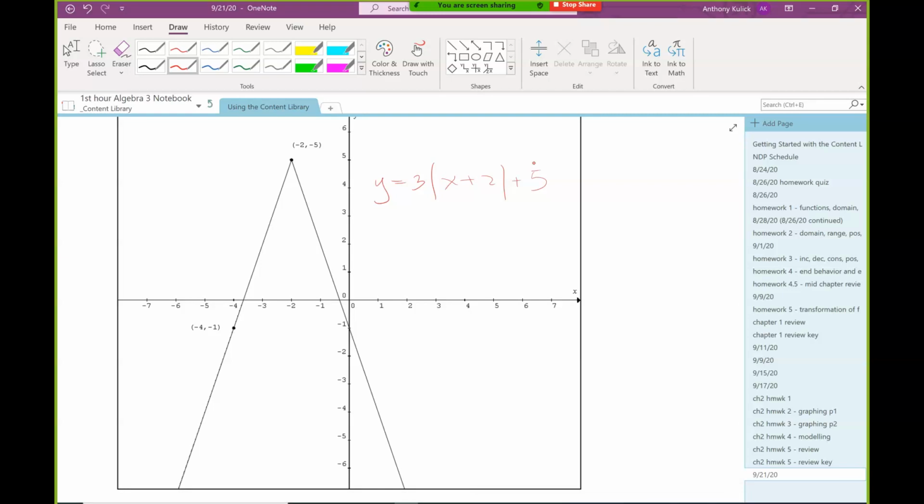So there's our correct answer: y equals 3 times the absolute value of x plus 2, plus 5. Let's go through and see how I got that. Oh my gosh, guys. How many of you had minus? Is that the right coordinate?